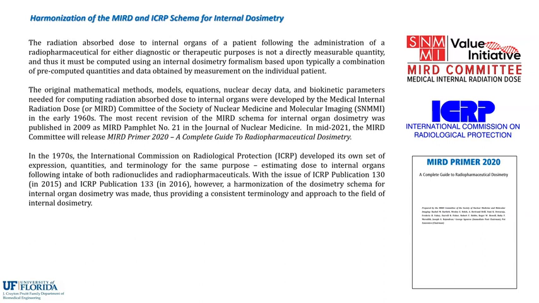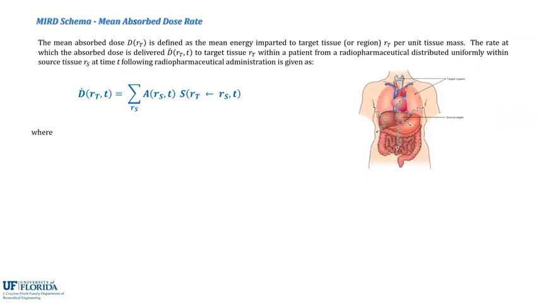After MIRD Pamphlet 21 came out, there was a lot of work within the ICRP to harmonize the system. And so with Publication 130 in 2015 and 133 in 2016, there is now a near perfect harmonization of how you do an internal dose calculation, either in the context of nuclear medicine, MIRD, or in radiological protection, ICRP. So let's begin.